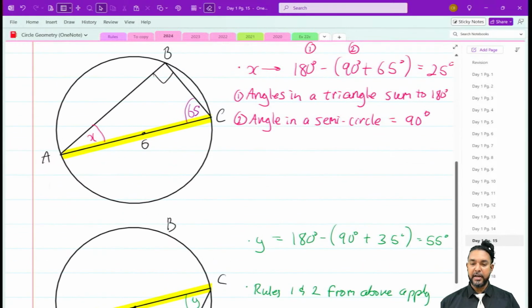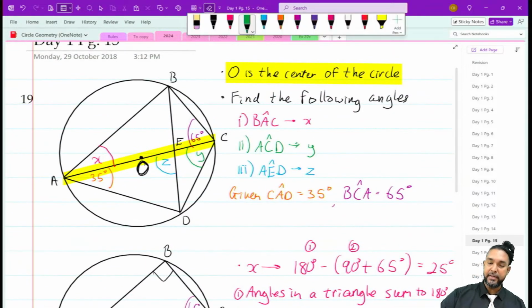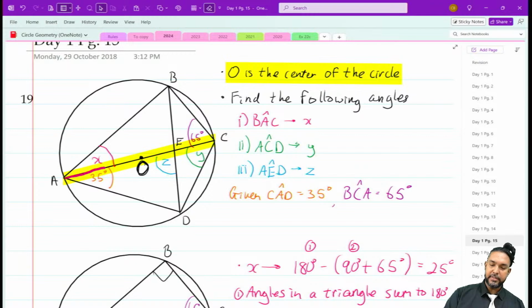The last item we have to find is angle Z. Now, angle Z exists in a triangle, in this triangle here. What do we know about the sum of the angles in a triangle? Equal to 180. Now we have one of the angles, but we don't have the next one.